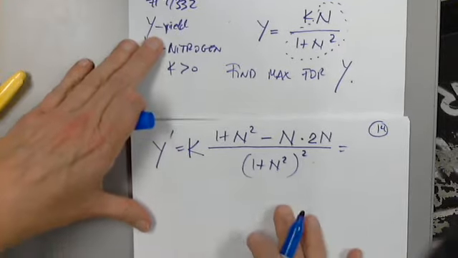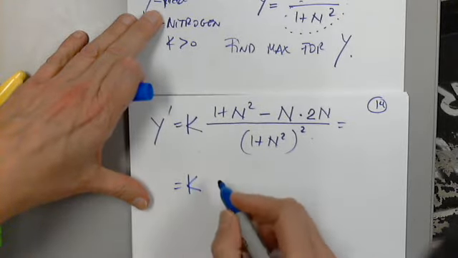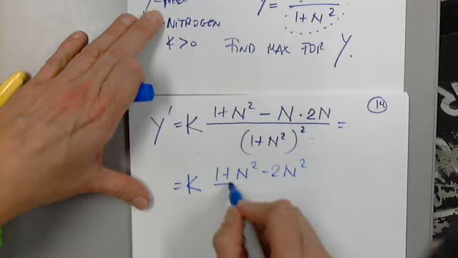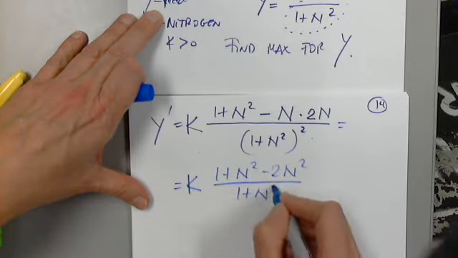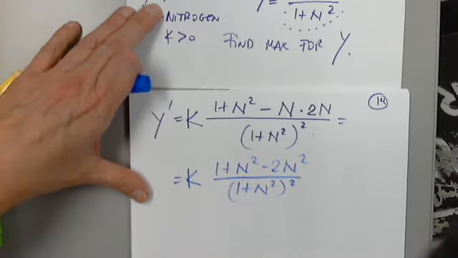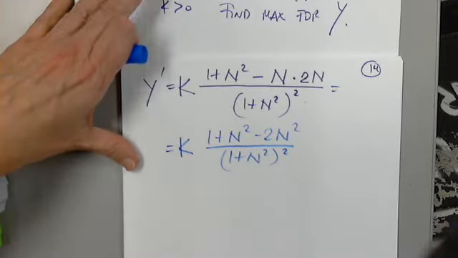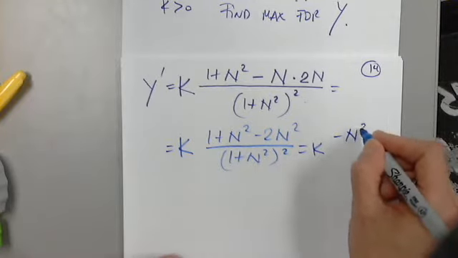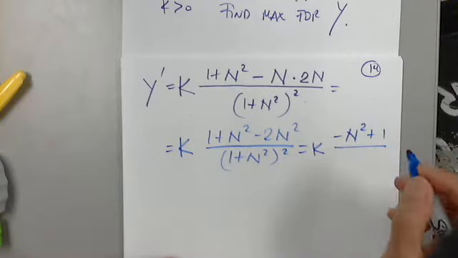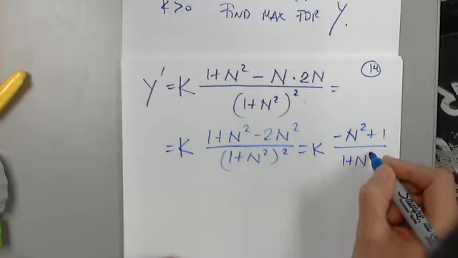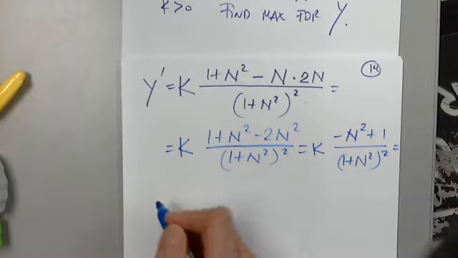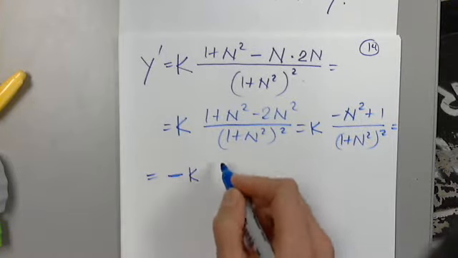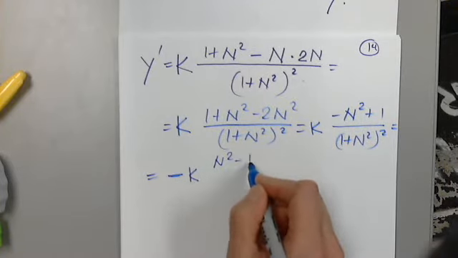I will clean it up. K outside. 1 plus N squared minus 2N squared over 1 plus N squared squared. Combine like terms. K can wait. Negative N squared plus 1 over 1 plus N squared squared. Of course, I'm going to pull out a negative, K, and write N squared minus 1.